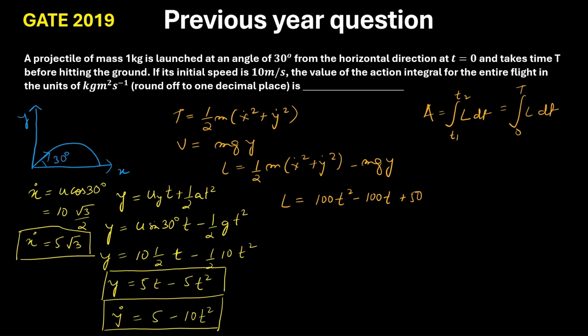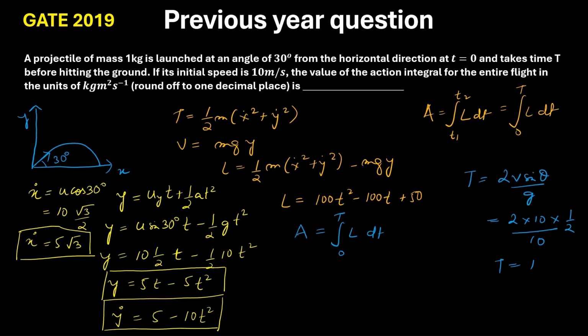Now you can solve the action integral here. So it will be 0 to T, dt. So we need to know the T, capital T. To solve for this capital T, you can use the time of flight formula, that is 2v sine theta by g. So 2 into 10 into sine theta, where sine 30 is half, divided by g. Then you'll get T equals 1.